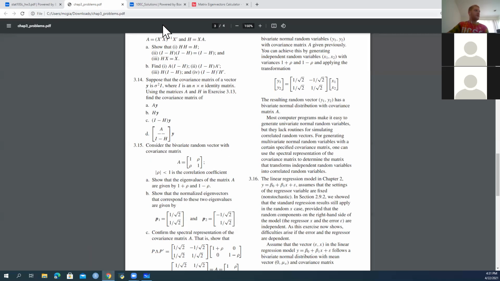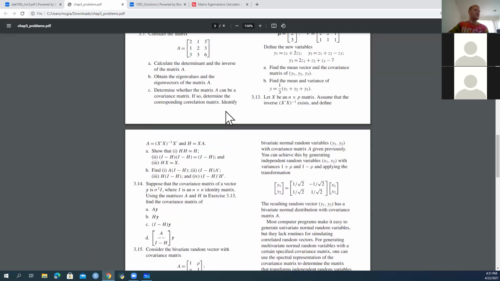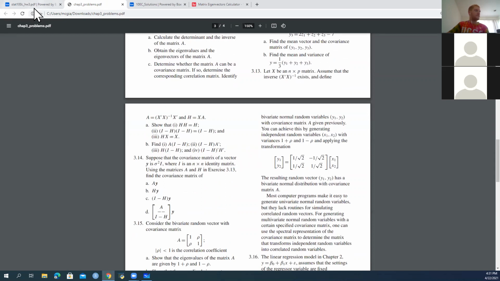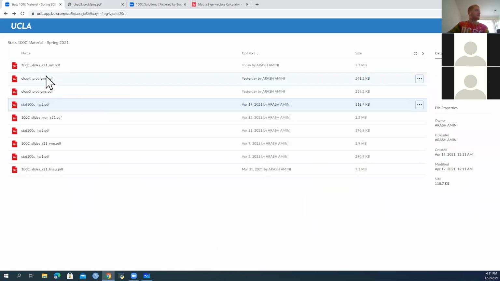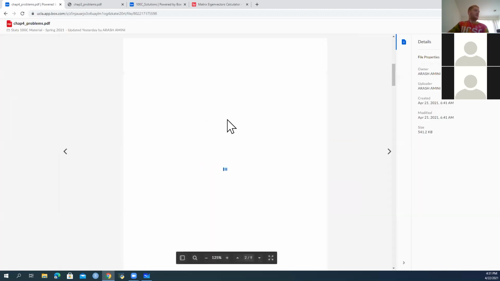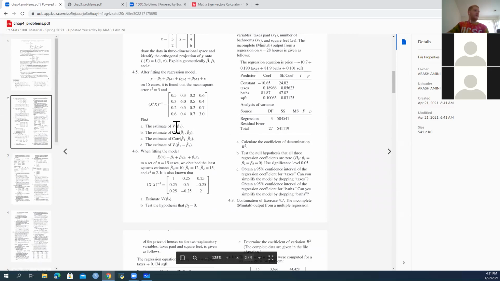That's pretty much the ones from the book. It shouldn't be that difficult. The other one I think is 4.5, which is just about variances and covariance between things. So again, not very difficult.